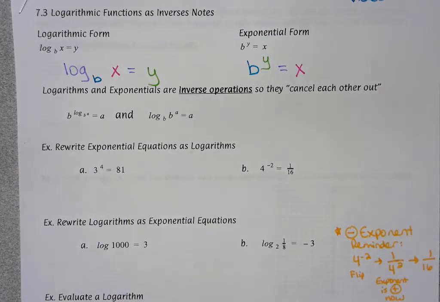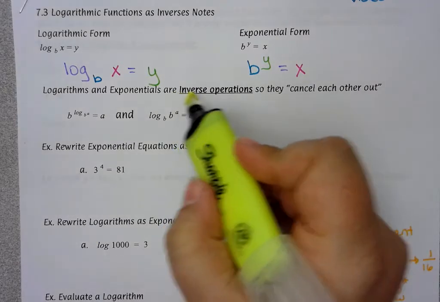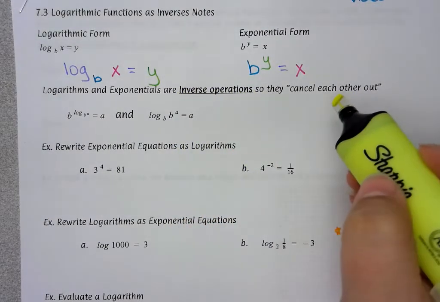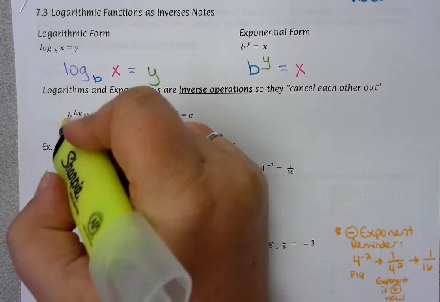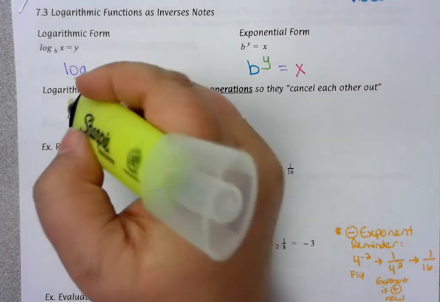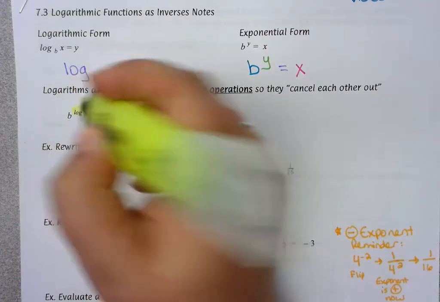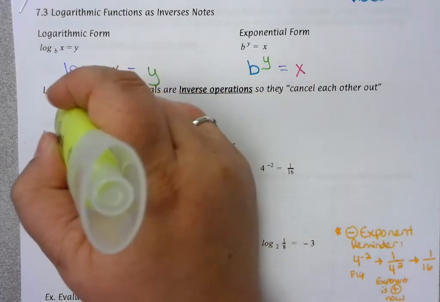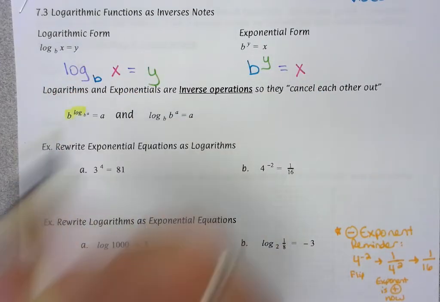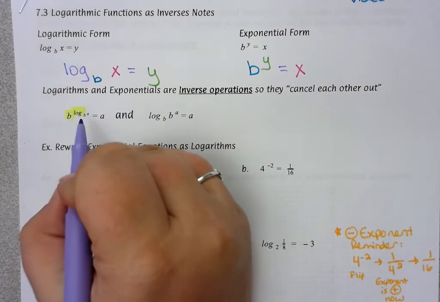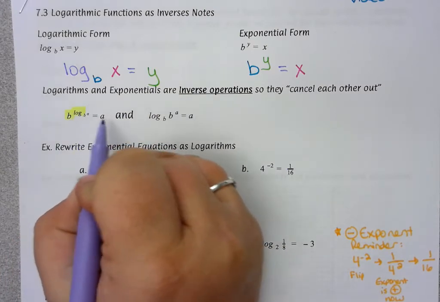Now, logarithms and exponentials, why we're doing these together is because they are inverse operations. They're inverse operations and they cancel each other out. So notice if you have some base and then you have log with that same base, that cancels each other out, and all that's left is this little a.